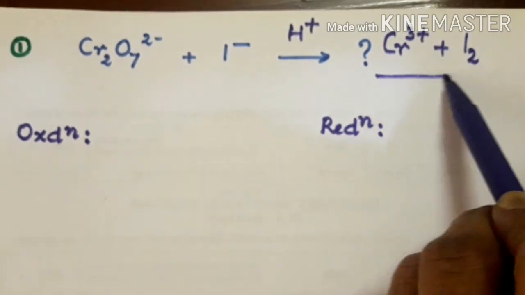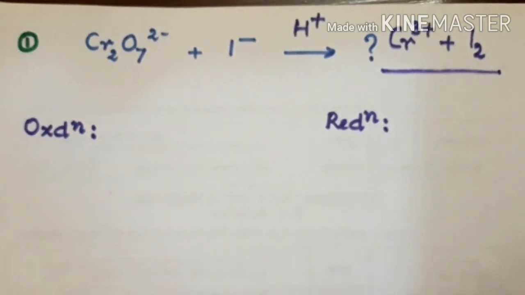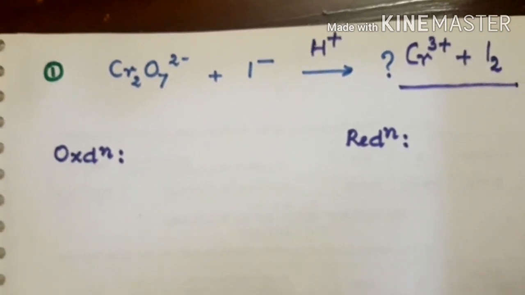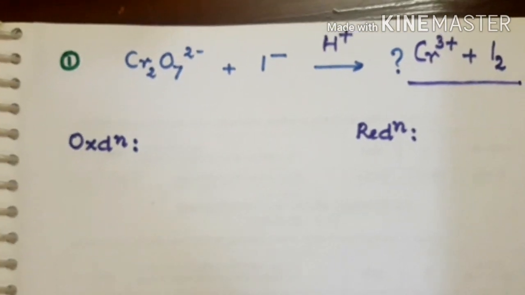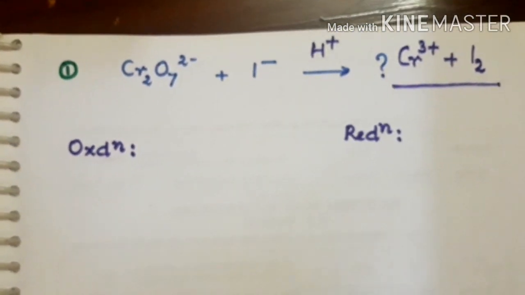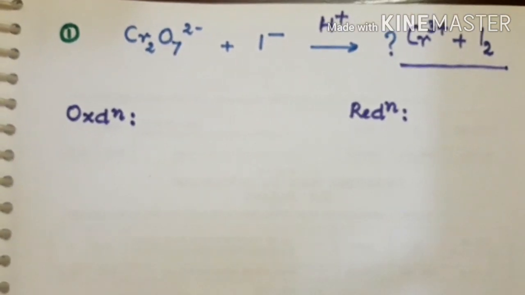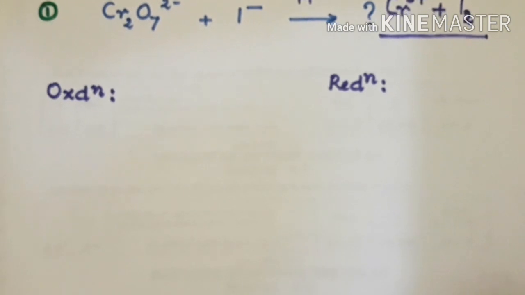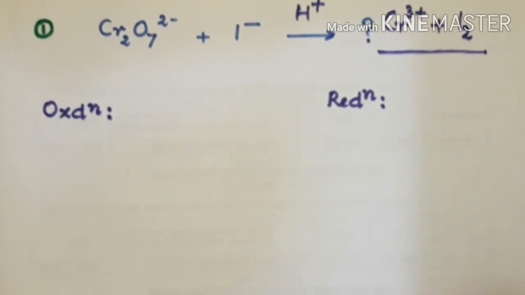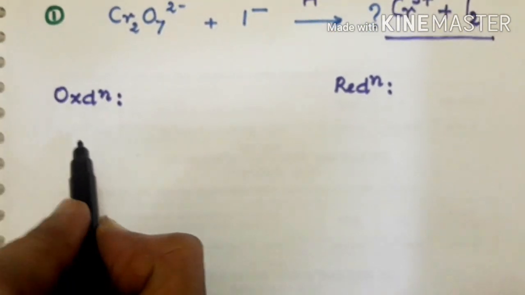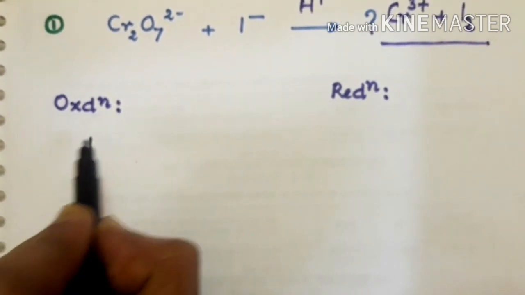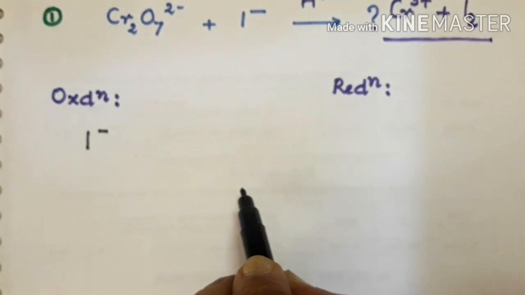Now what will be the balanced equation? To learn that, we have to split this chemical equation, that is the ionic equation, into two parts. First part will be the oxidation part and the other one the reduction part. Now here we check the oxidation state of iodide. Iodide is in the -1 oxidation state.